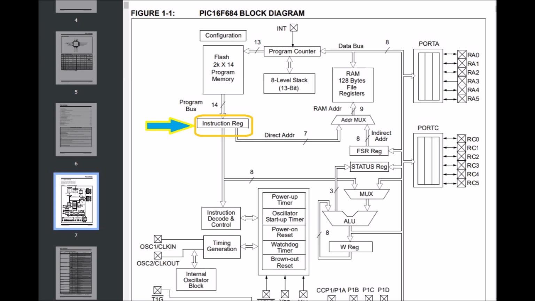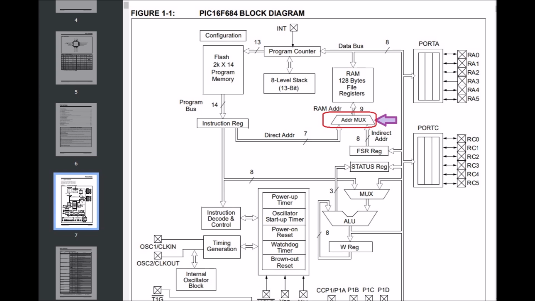In summary, the instruction register in the PIC16F684 block diagram is essential for holding and processing each instruction fetched from the program memory, enabling the CPU to perform its tasks sequentially and efficiently. Basically, the instruction register holds the instruction for processing.